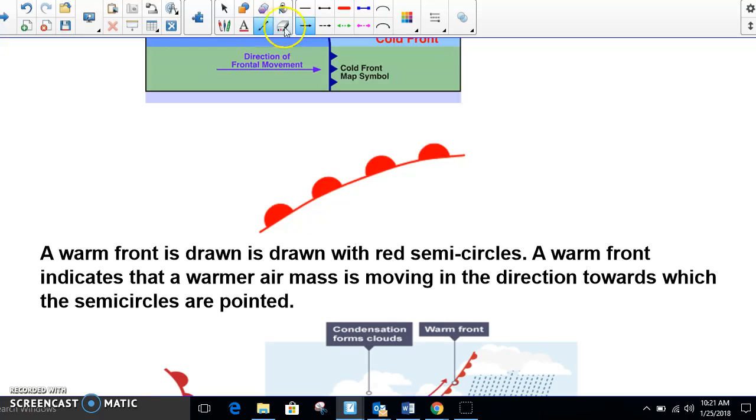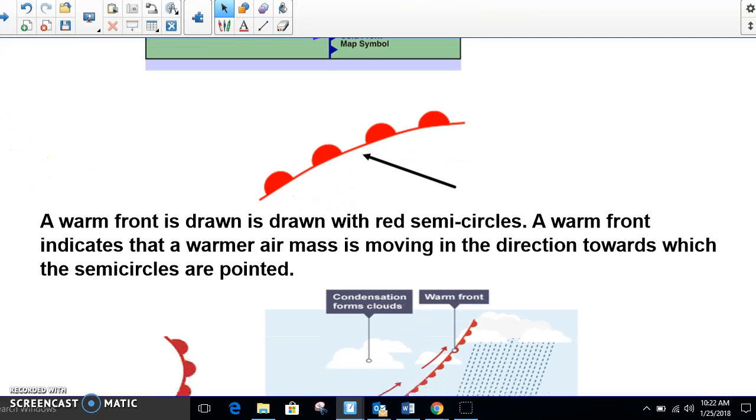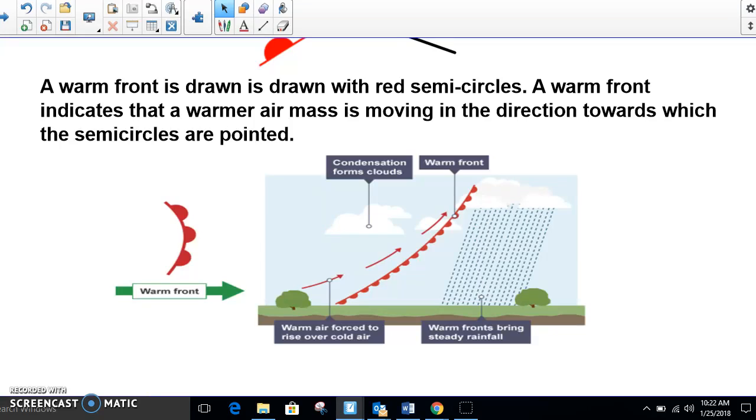For example, it is moving this way as the arrow. Warm front also can bring rain.